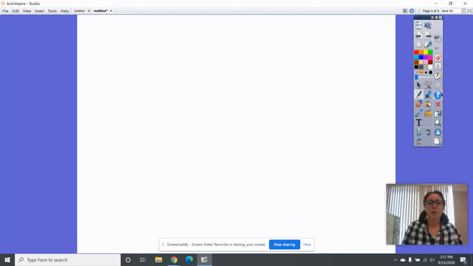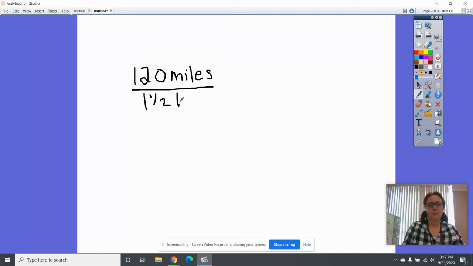Here's a good example. Let's say that I am driving at a constant speed and I've gone 120 miles and it's already been an hour and a half. So 1.5 hours.